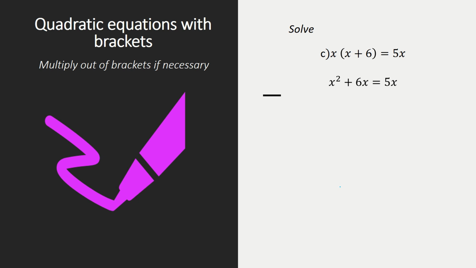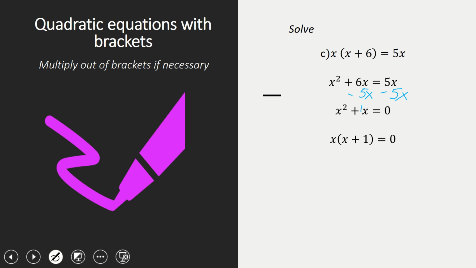Again, I want the right side to be 0, so I'm going to use the balance method. So I'm going to subtract 5x over there and 5x over there as well. So I will get x squared plus x equals 0. And of course, you know that secretly there's a 1 standing over there.